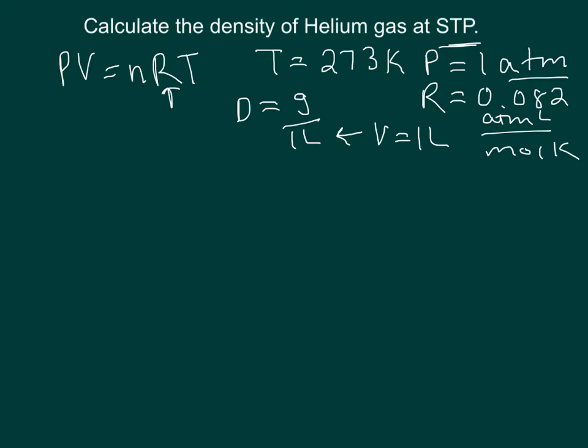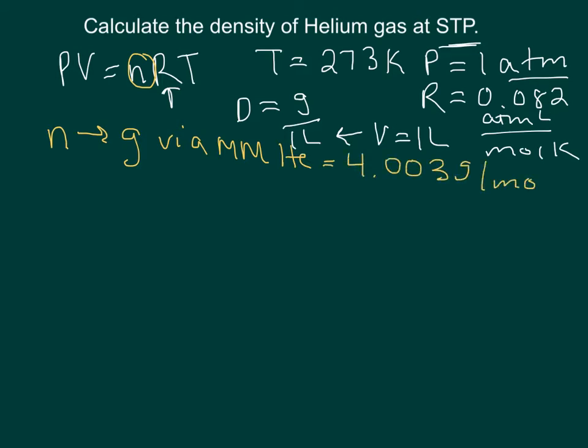So I have T, P, R, and V, which means the one thing that I don't have right now is n. So I can use my number of moles, n, and I convert moles to grams using the molar mass of my helium, which is 4.003 grams per mole.